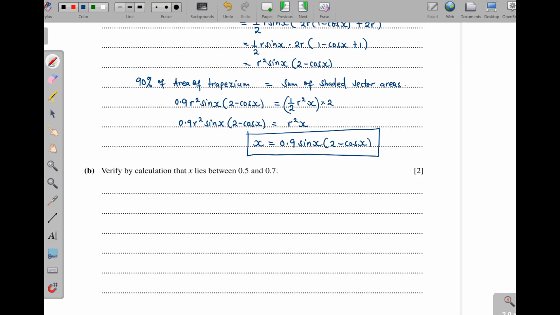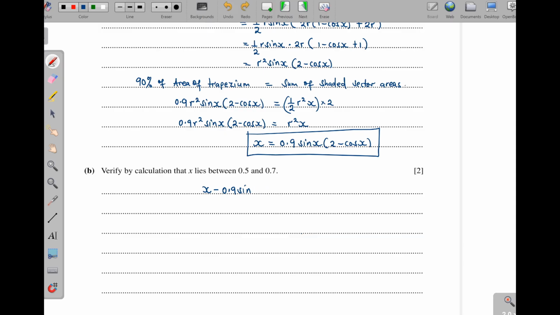A minus. Now, right from here, what we can do is to bring everything onto one side. So we can have x, then minus 0.9 sine of x, then times 2 minus the cosine of x. The reason why they put this one on the other side is to have something like this, such that people do not confuse this x with what is inside here, okay?